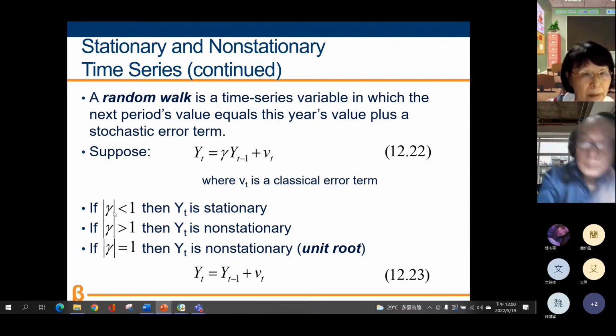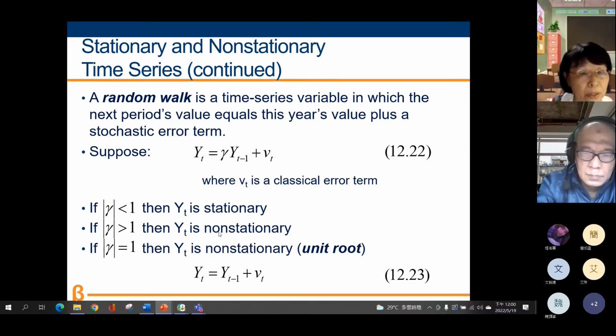So in other words, only when the absolute value of gamma is less than 1 is yt called stationary, because it will eventually converge to 0. But there are two other situations.